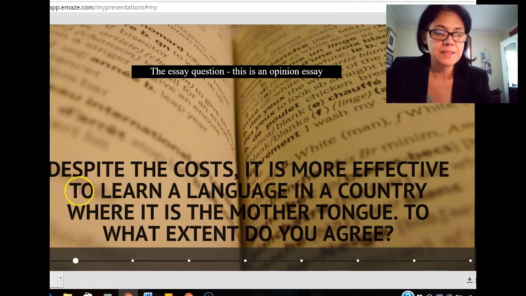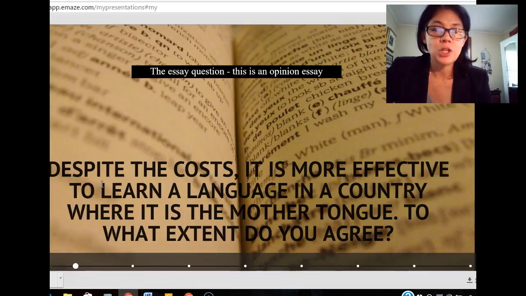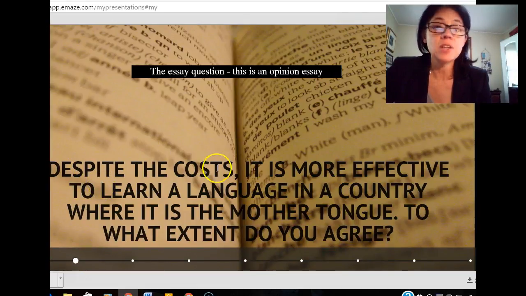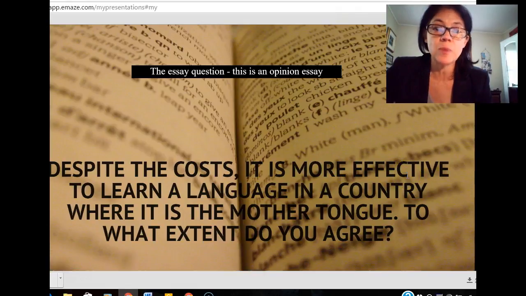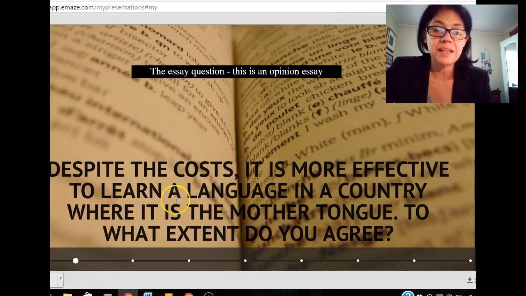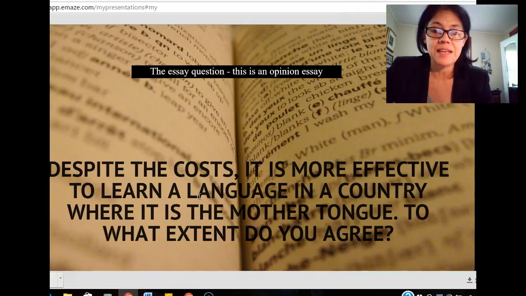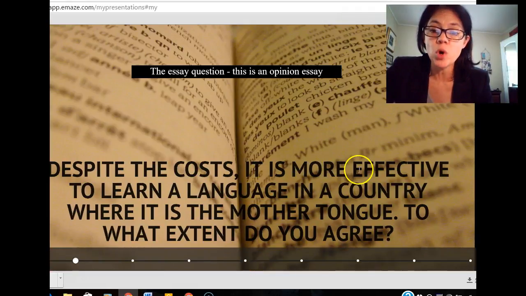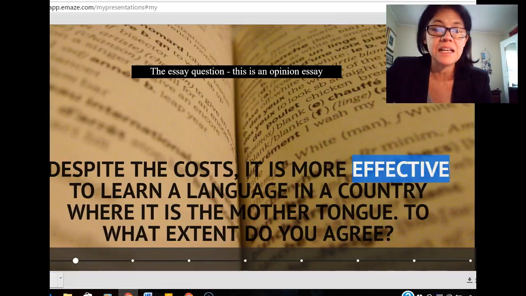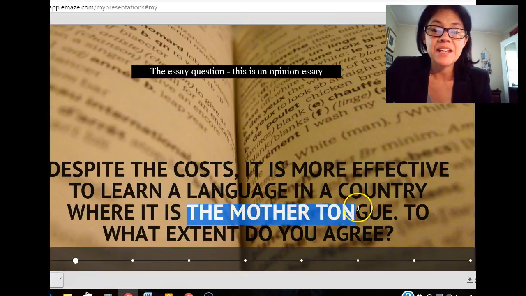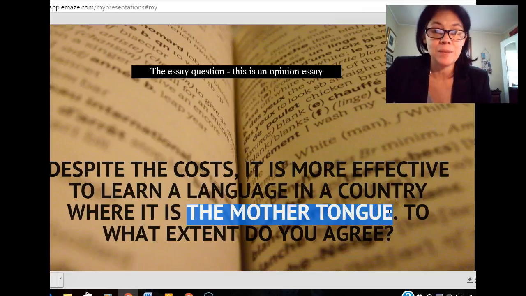Now let's look at the topic. The topic is language learning. Despite the costs, it is more effective to learn a language in a country where it is the mother tongue. So, the general topic is language learning. The focus of the essay is that it's more effective in the native speaker country, or the country where the new language is the mother tongue.